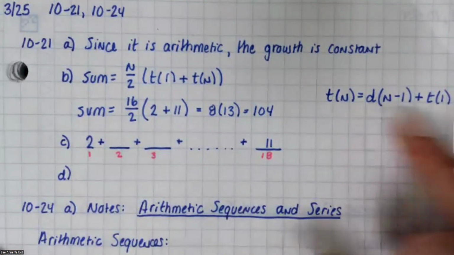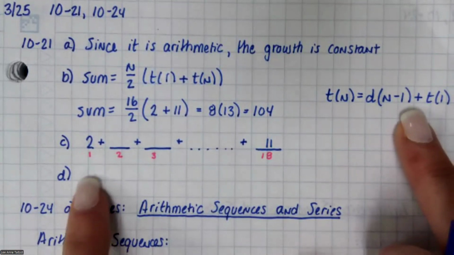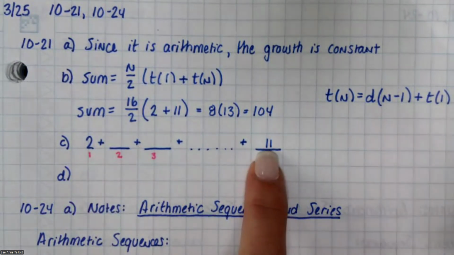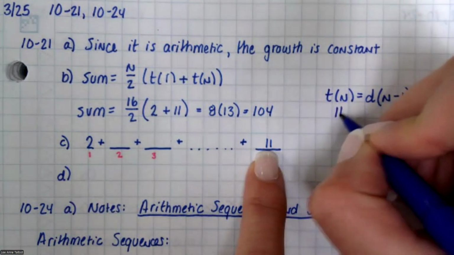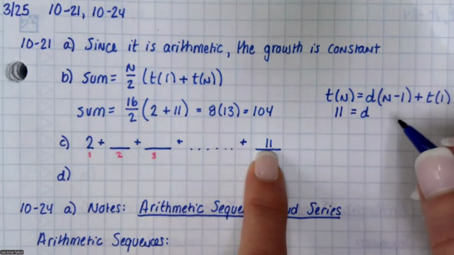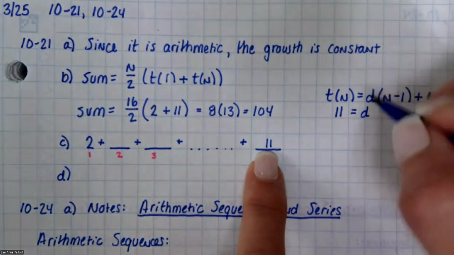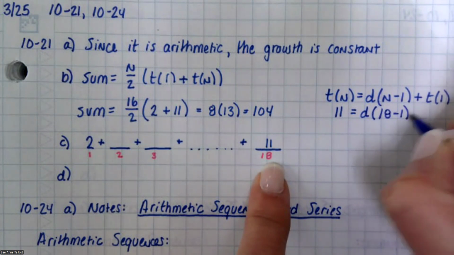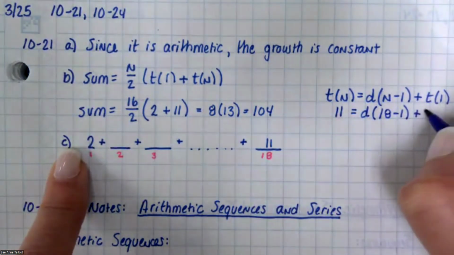This is the general equation for when you're working with the first term and not term 0. T of n in this case is 11. D is what we're solving for. We want to know the growth. N is 18. And the first term is 2.